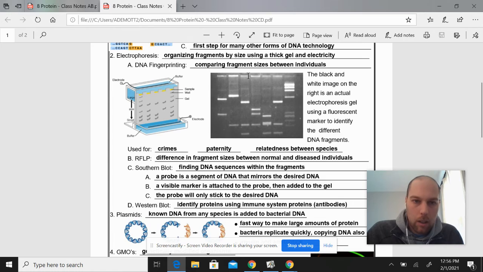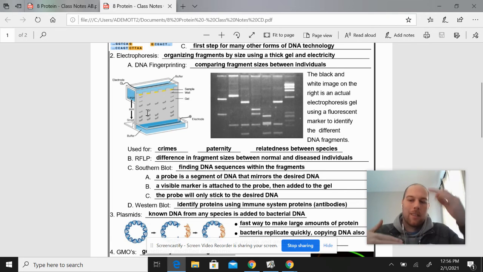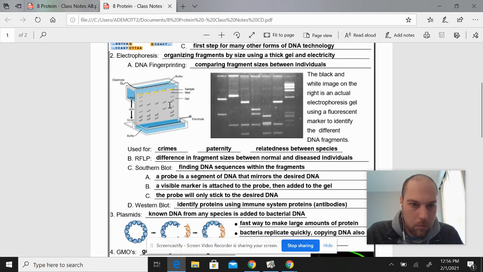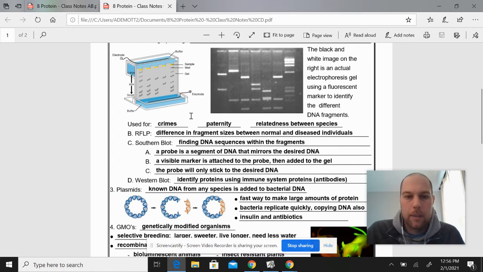Electrophoresis, we talked about in class a bit back. It's this gel, and you put these fragments of DNA into these wells, and it uses electrically charged electrodes, basically like a magnet, to send the bigger and smaller pieces along this chain here, so you can compare them.